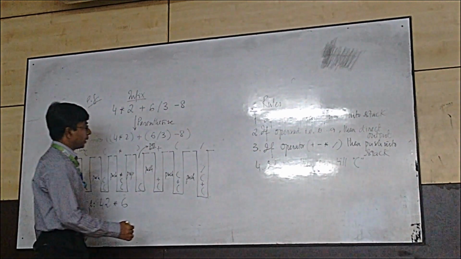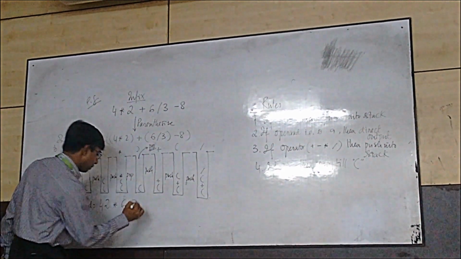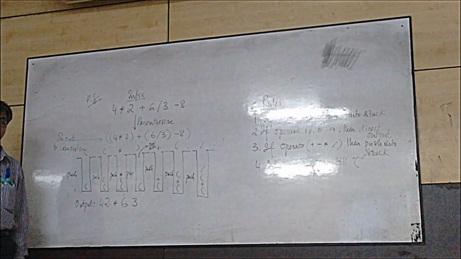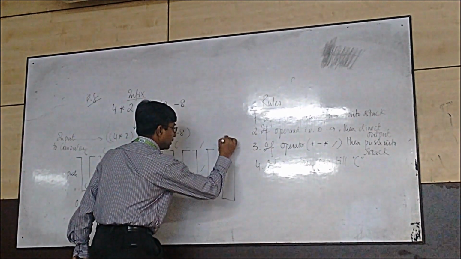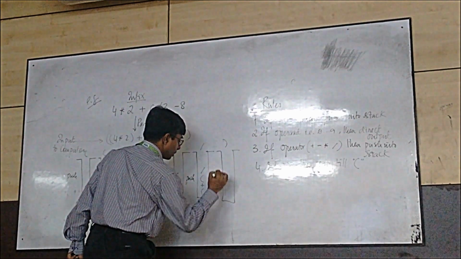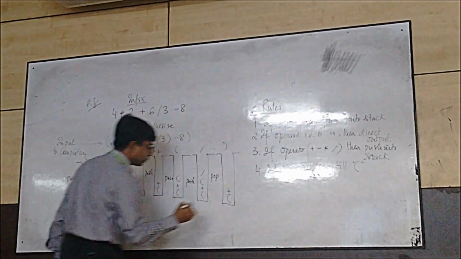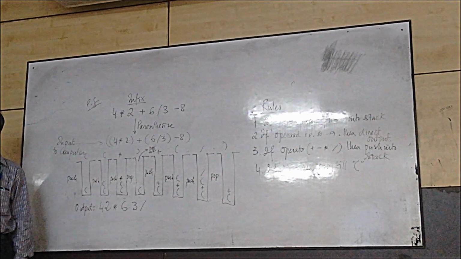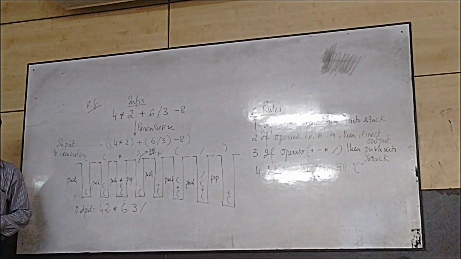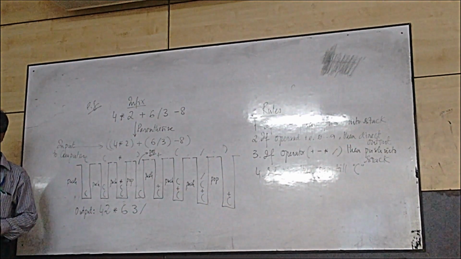After that, what is coming? Open bracket, 3, right? 3. After that, closing, right? So you have this closing coming, this is pop. And after pop, the concept is the same.